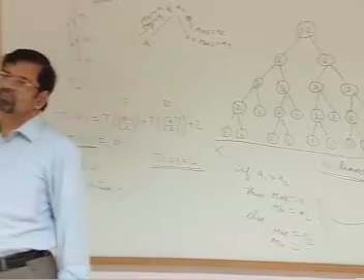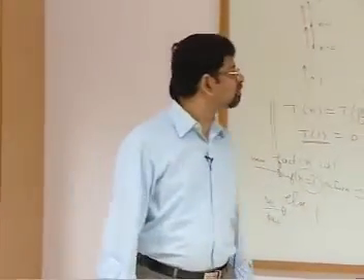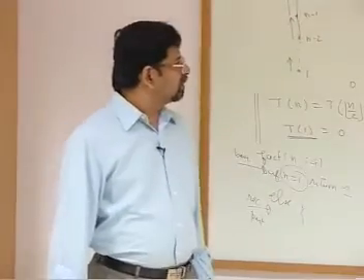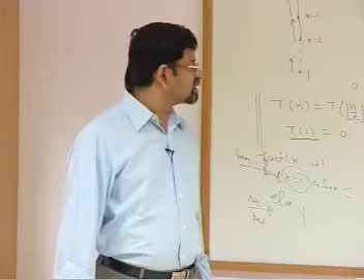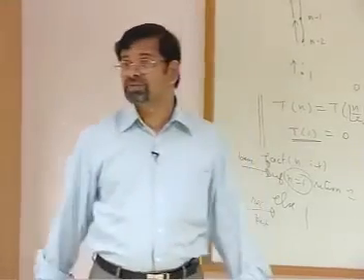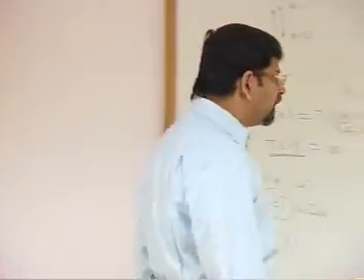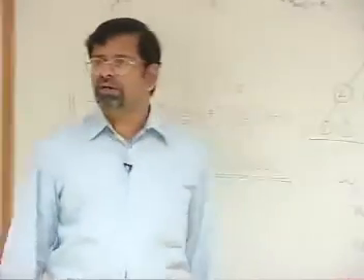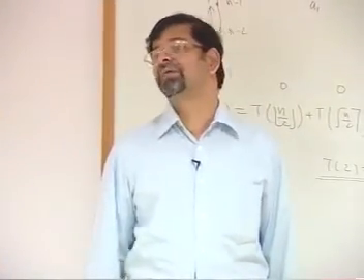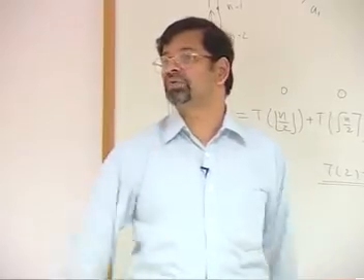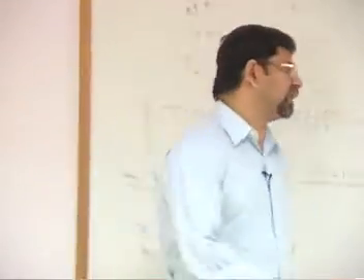In other words, you will split the problems. The tree which is representing the split will have n leaves, each with value 1. You know that every binary tree with n leaves will have n minus 1 internal nodes. Okay, let me write down that.